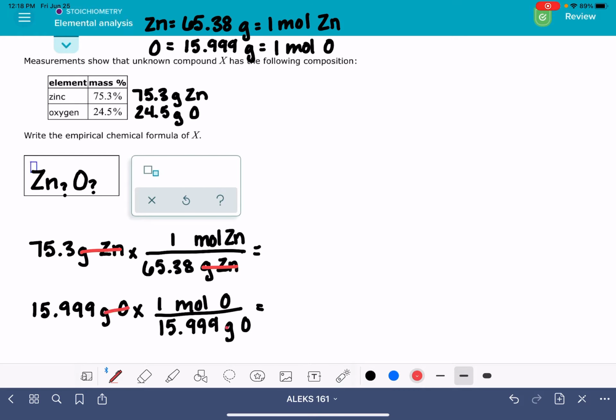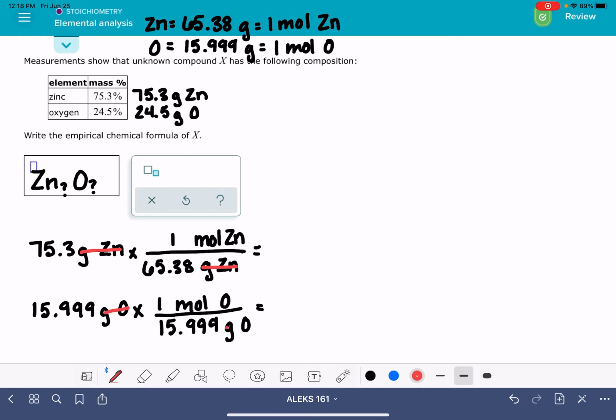In doing this, we're not changing the ratio of the moles of zinc to the moles of oxygen. We're just changing the value of these numbers. So this is going to cause our moles of zinc to now be 1, and our oxygen is going to be 1.329 moles of oxygen.